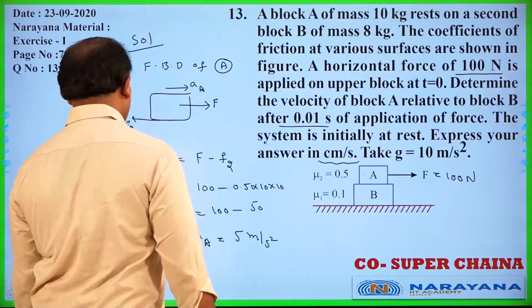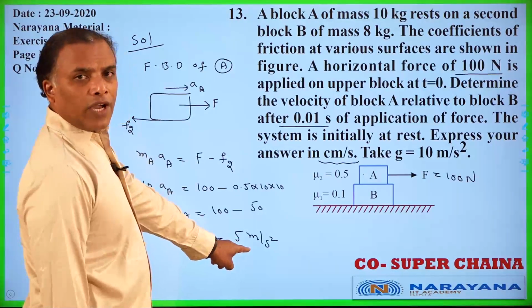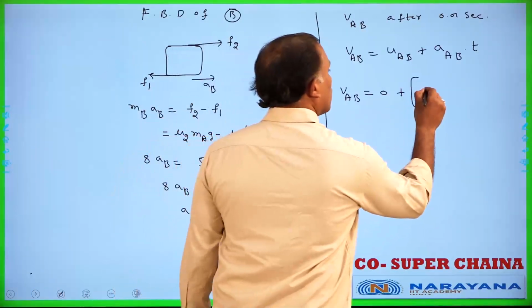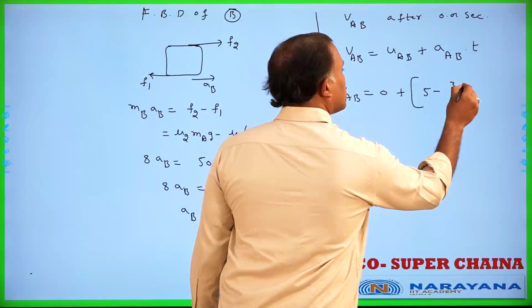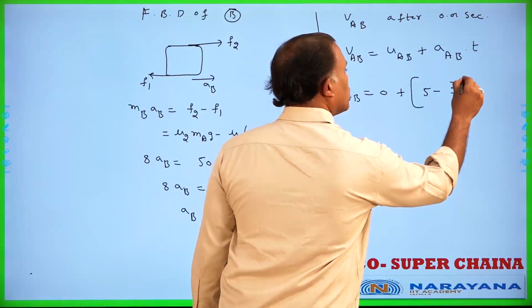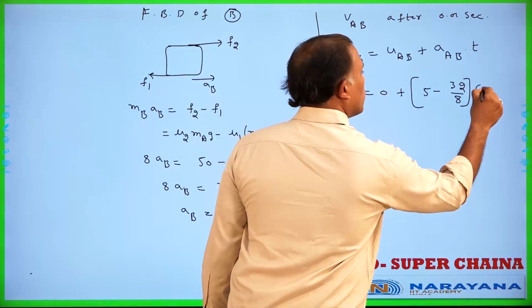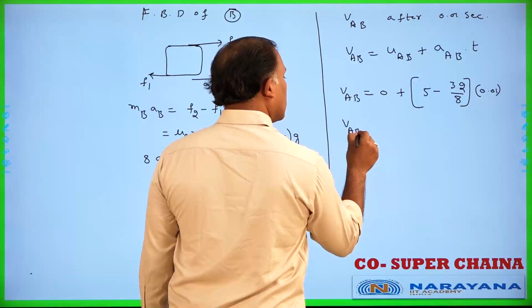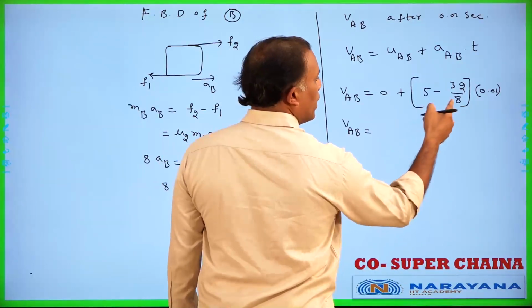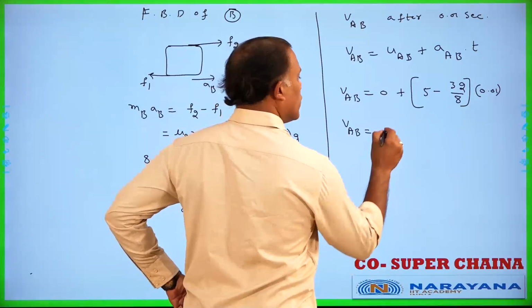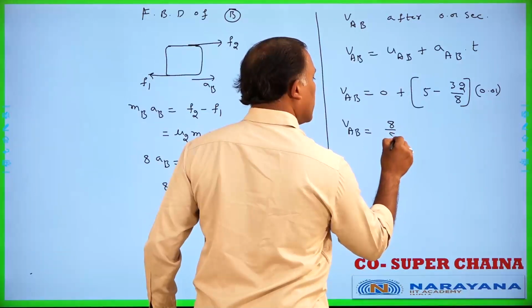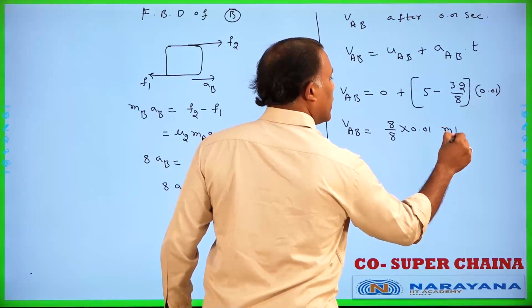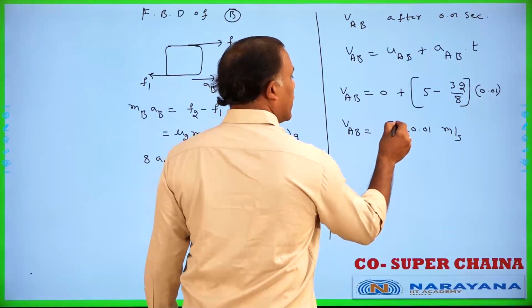What is the acceleration of A we calculated? Acceleration of A is 5 meters per second square. Acceleration of B is equal to 32 by 8. So 5 minus 32 by 8, into 0.01. So then velocity of A with respect to B is equal to 40 minus 32 by 8, into 0.01 meters per second. 8 cancels.